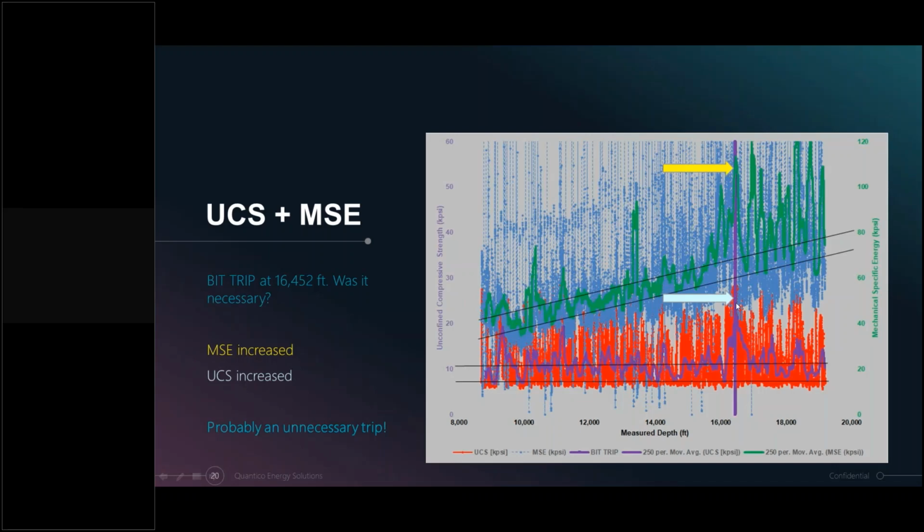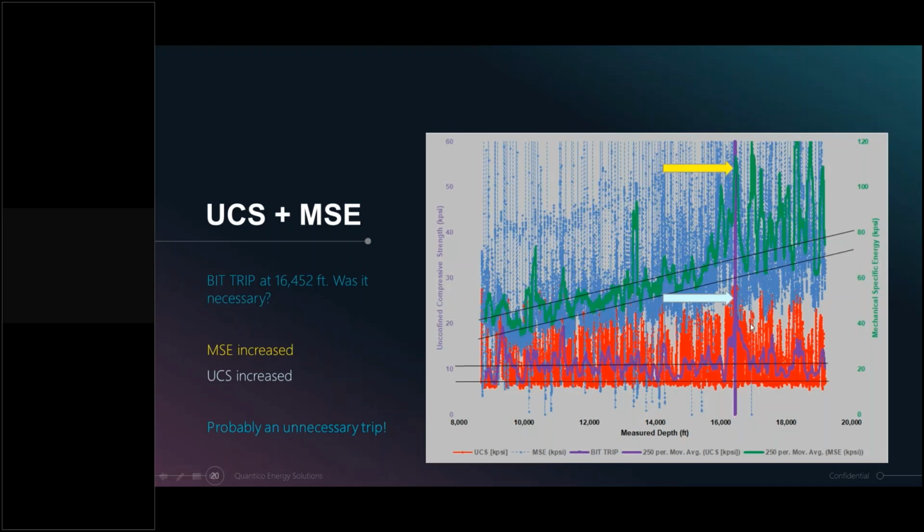What they did not have is the benefit of the compressive strength log. And what you see here is that actually the rock was getting harder. And so if you had the advantage of this log, you could have inferred that, whether there was a dull bit or not, perhaps drill through this hard rock section at a slower rate and then build rate back up through the rest of the lateral, or make the determination whether, after the rock settled down, ROP was still slow.